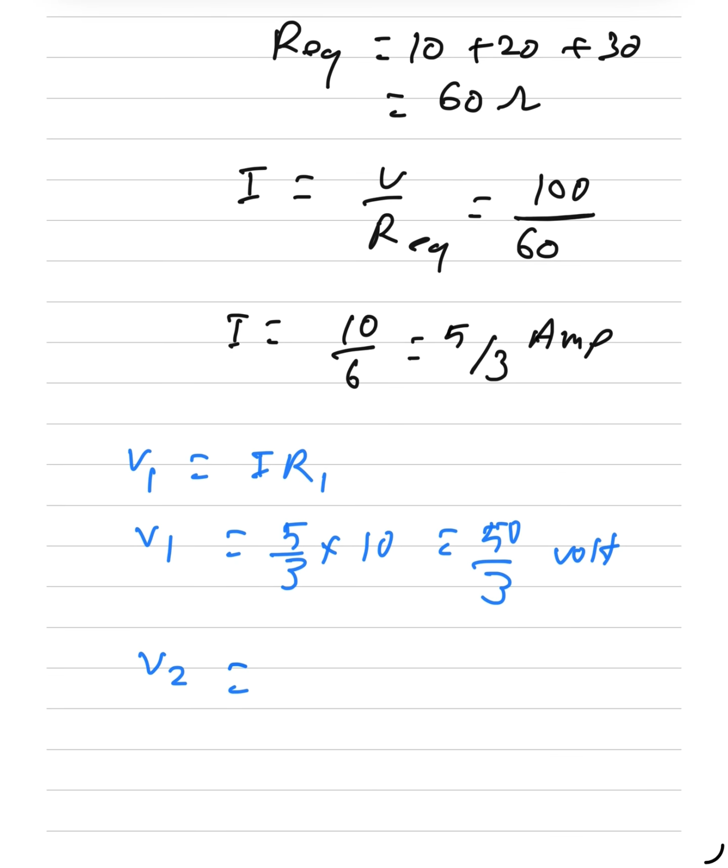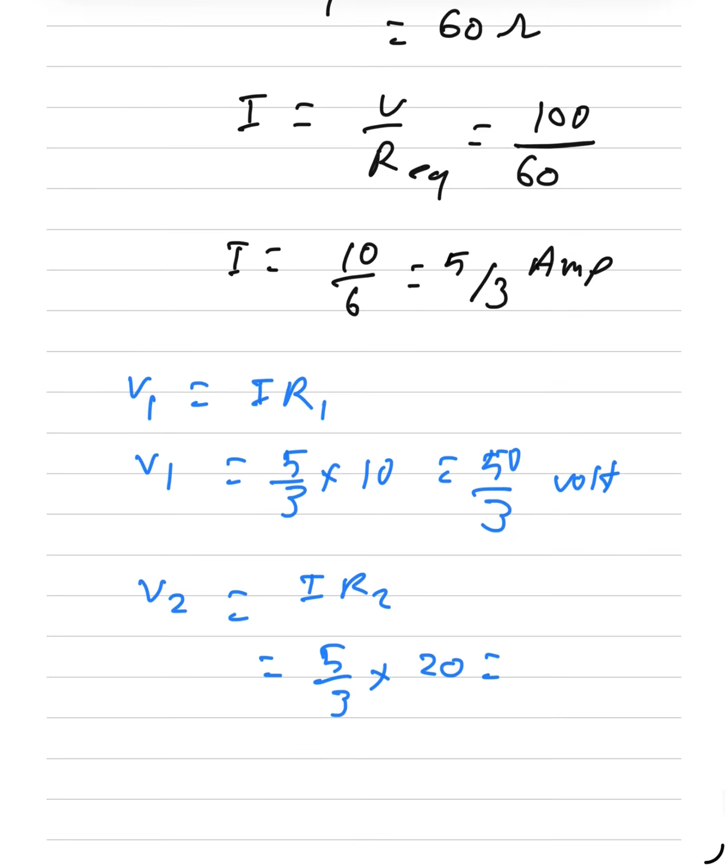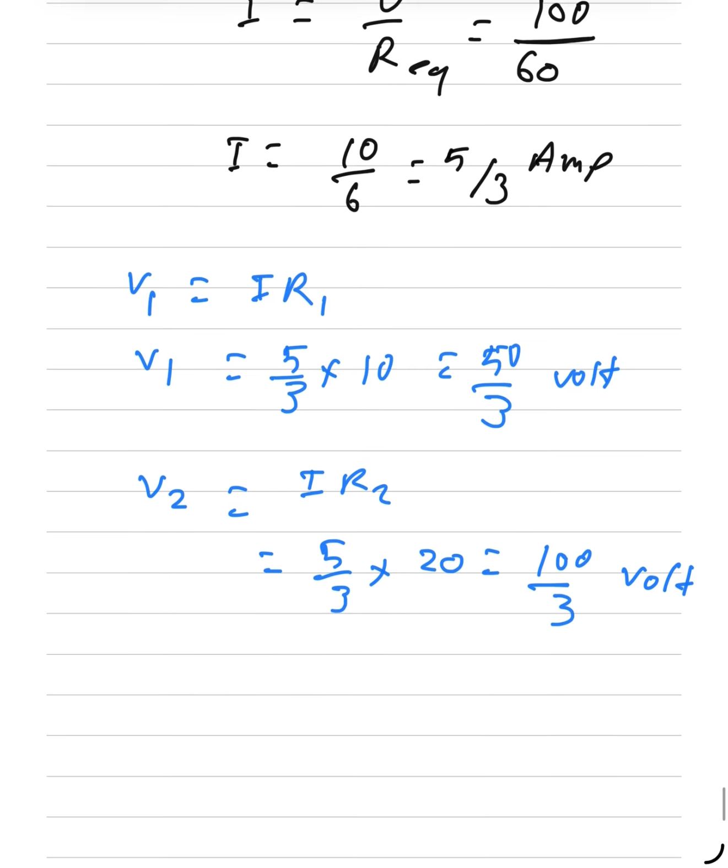Similarly, the potential difference across the second resistance is I R2, putting in 5 by 3 for the current and R2 of 20, meaning 100 divided by 3 volt, right.